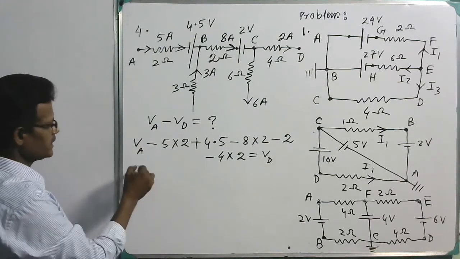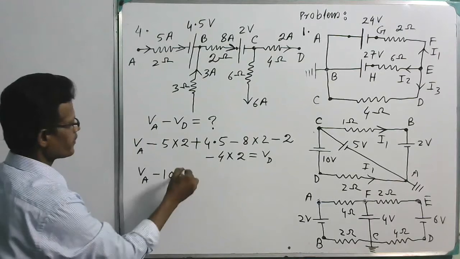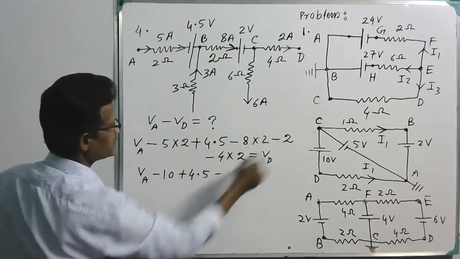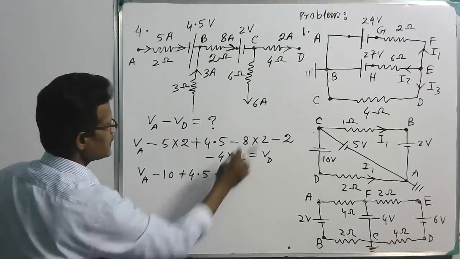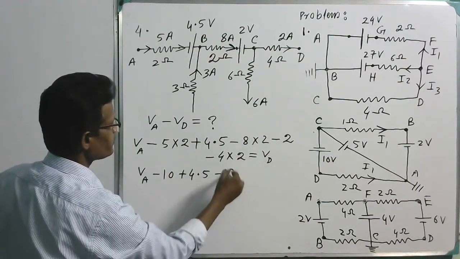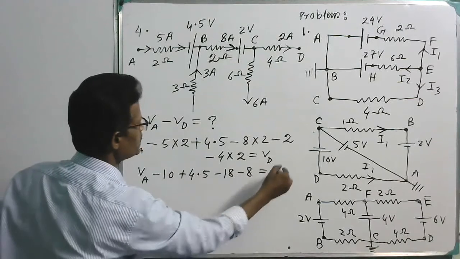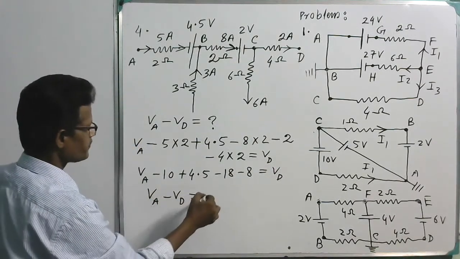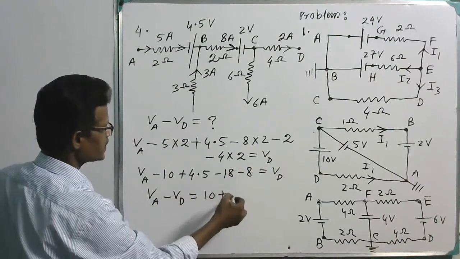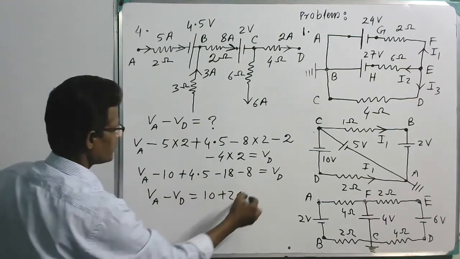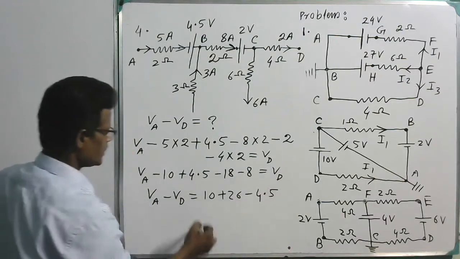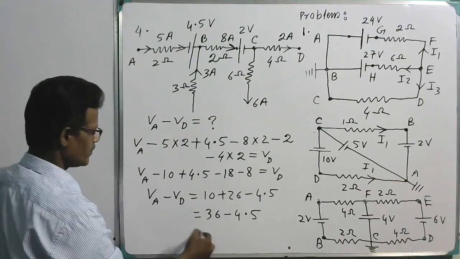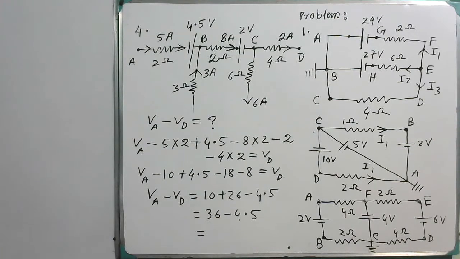Then VA minus VD is simple: 10 plus 18 plus 8, minus 4.5. That is 36 minus 4.5, or 31.5.